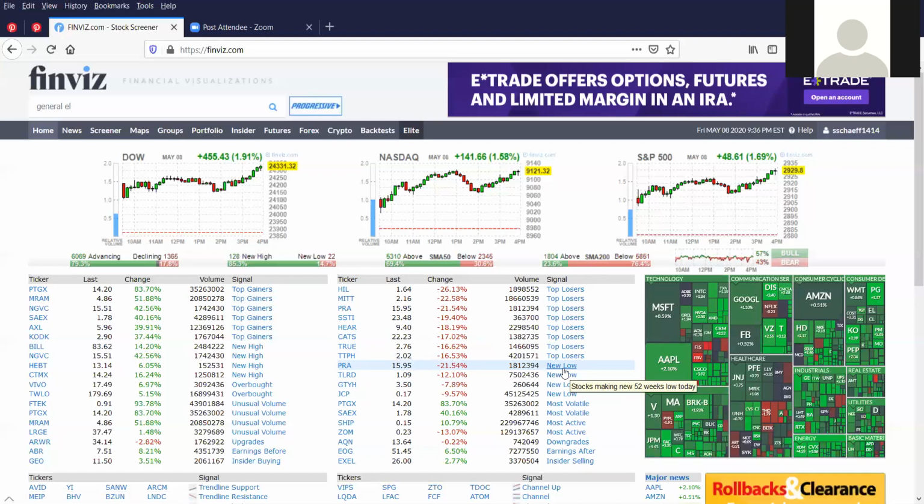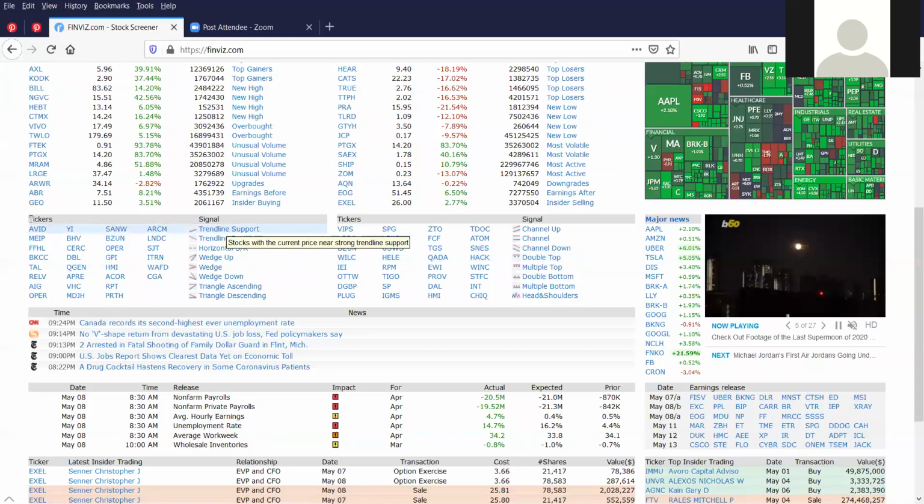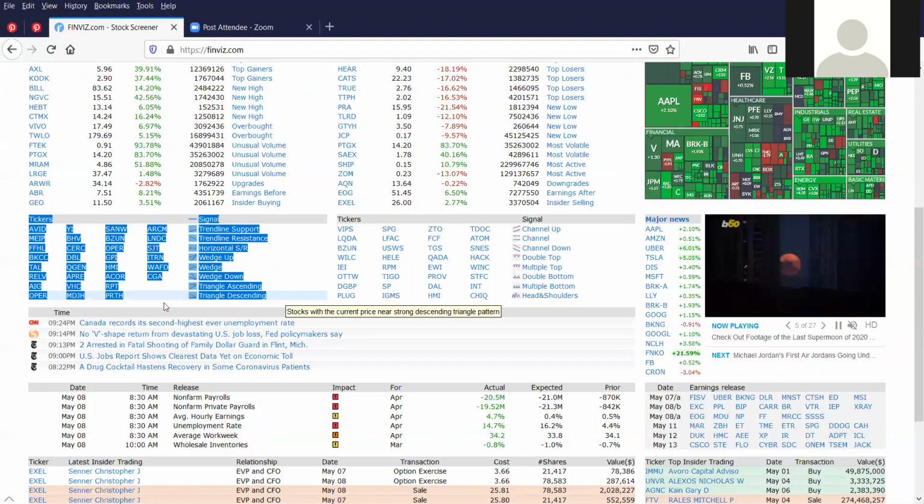It was a new low, but if you scroll down, there were some more volatile stocks, downgrades, insider selling. That is theoretically the reason why it made this list. There is also a list of trend line supports, and this is mostly technical analysis over here, why these particular companies made this list.